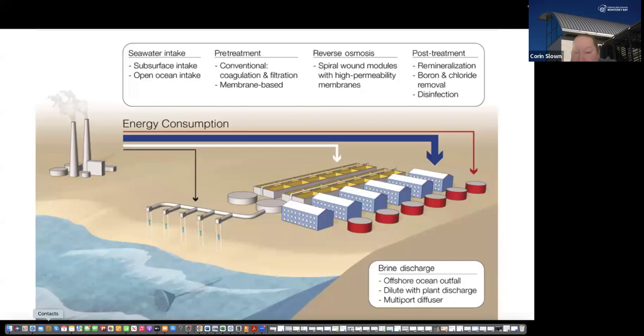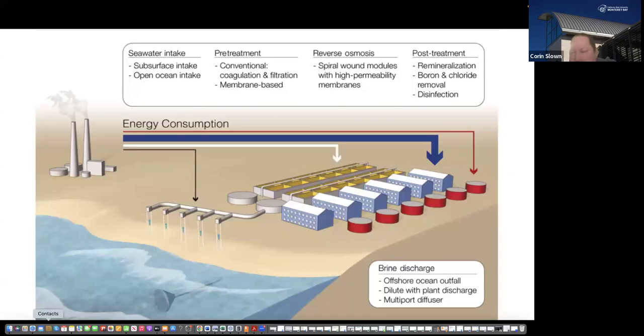And then the consequence of all of that work is a brine discharge, where it's typically also offshore, and usually it's diluted because to discharge it as concentrate of the brine would literally kill sea life. And usually it's multiple ports of a diffuser that release that back into the ocean.